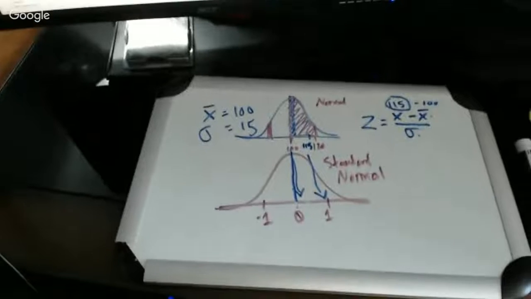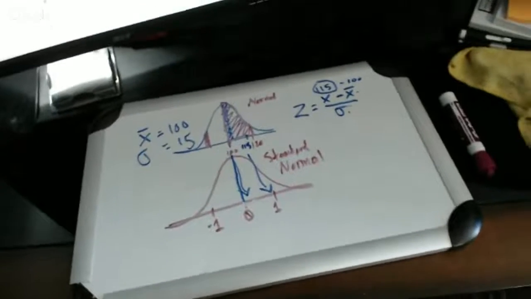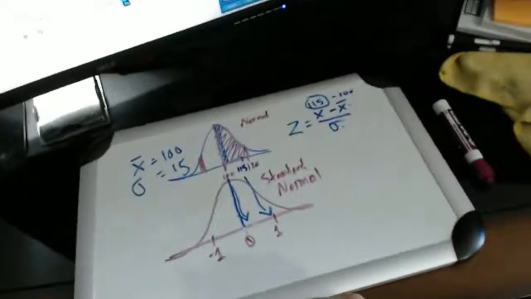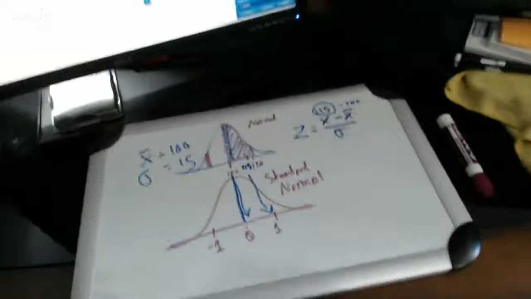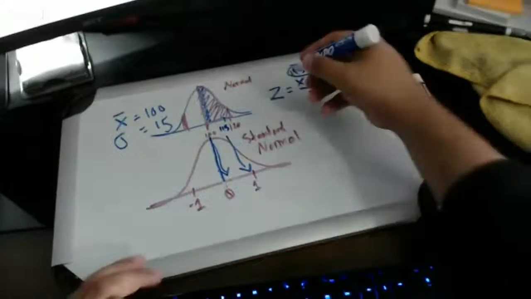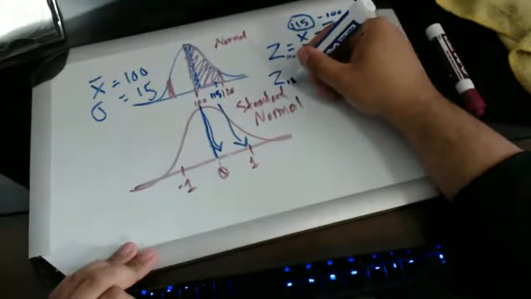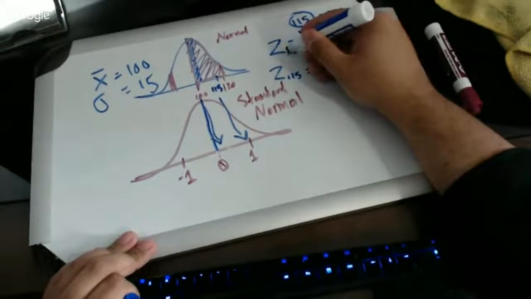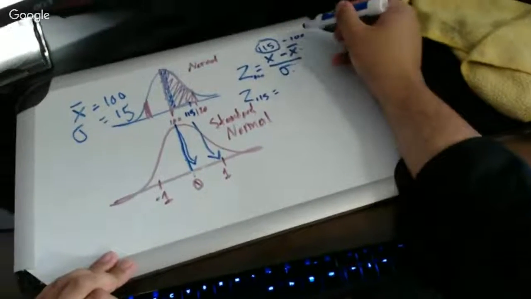Okay. Got it. And so the way you're using the table is I could say how many people have scores between 100 and 115. So then I want to find the z-score for 100 and then the z-score for 115. When it's 115, it's 115 minus 100.